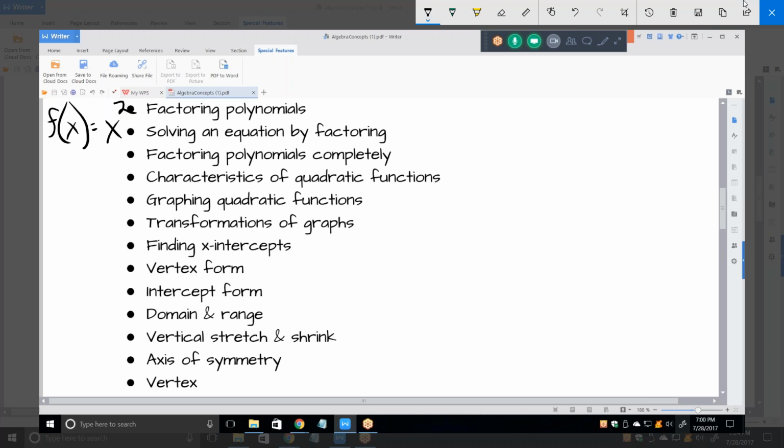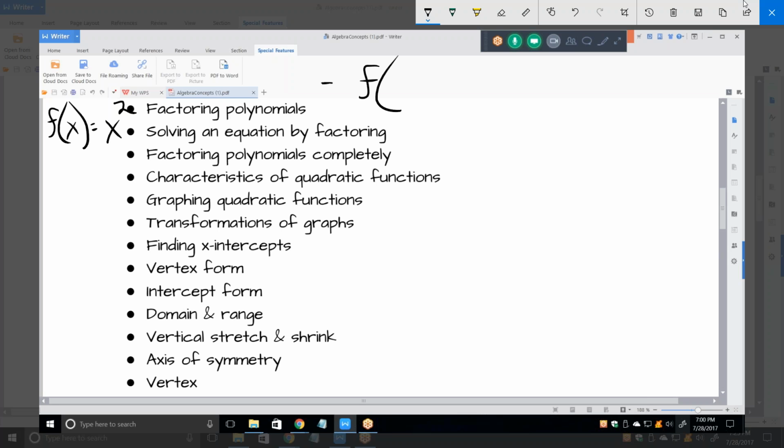F of x equals mx plus b is another one. Each of these are different parent functions. And each one of them are going to have different kinds of transformations. Okay? So, let's talk about the first transformation.